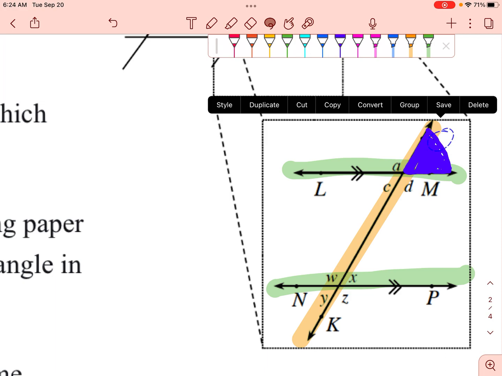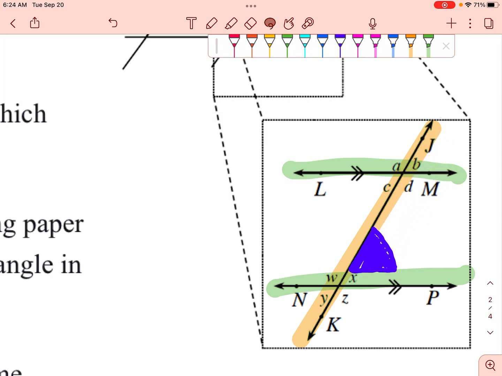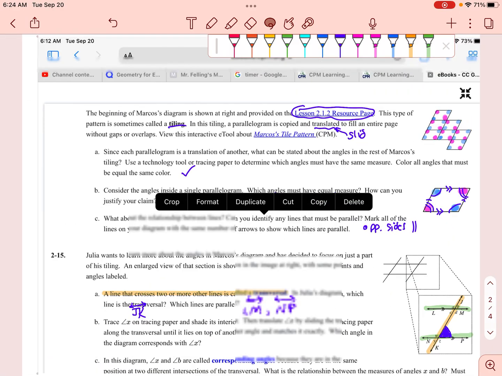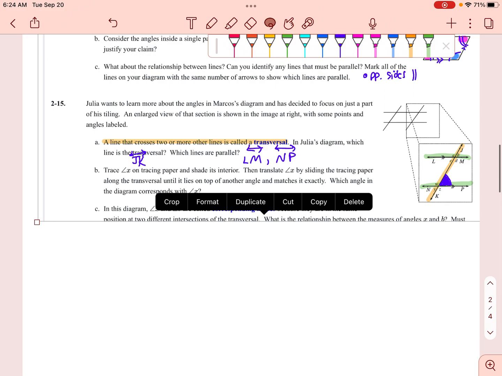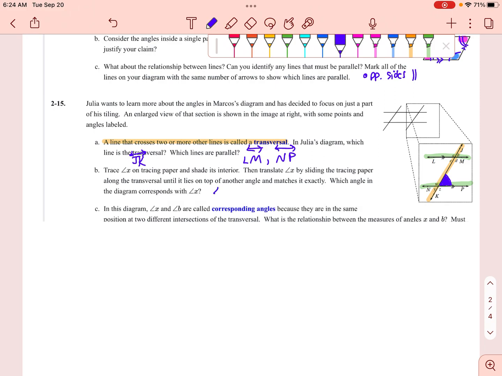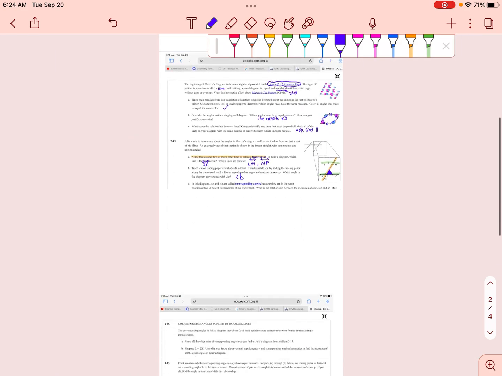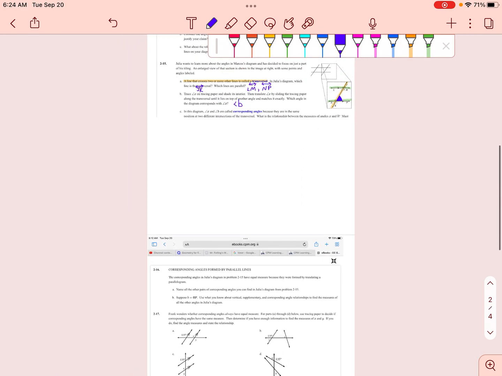Okay, and you guys can see that if you slide it up the transversal, it lands on angle B. Okay, so angle X fits in exactly with angle B. I'm going to continue on down here.